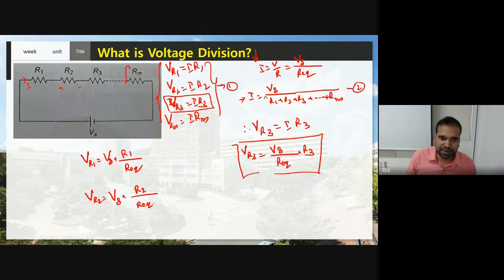Suppose if I want to find voltage drop at Rm, I can write V Rm equal to, what is the total voltage? Vs into, I am finding voltage drop at Rm, therefore Rm by the total equivalent resistance of that circuit. This is all about voltage division. So by using this formula, you can find voltage drop at any element directly without finding current.